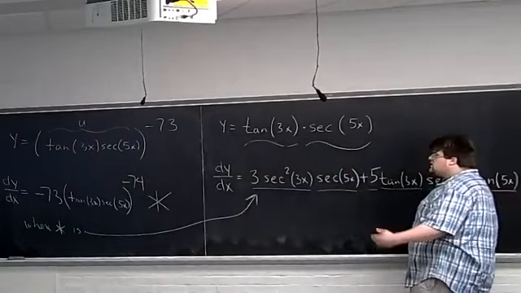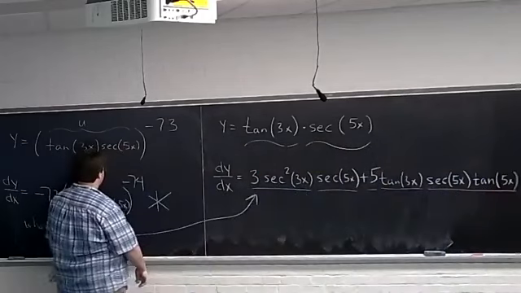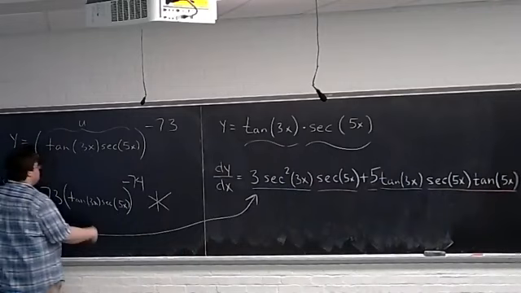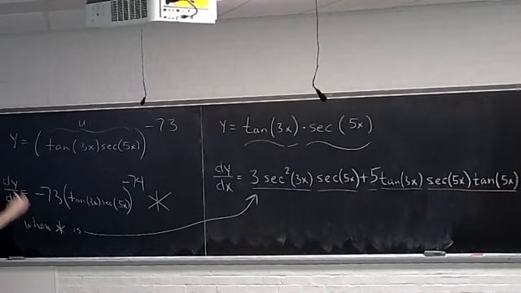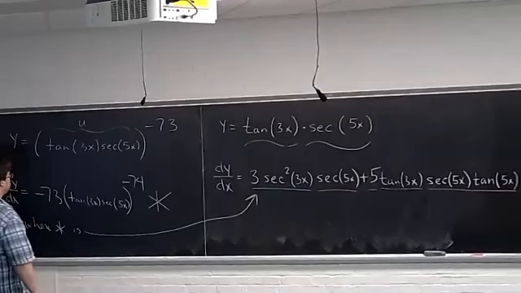But why does this work? Well, if you let u equal this, dy/du is negative 73u to the negative 74, du/dx is just that derivative we found over there, and with a u instead of a y. And for this one, because of the building up, I will answer it like this.